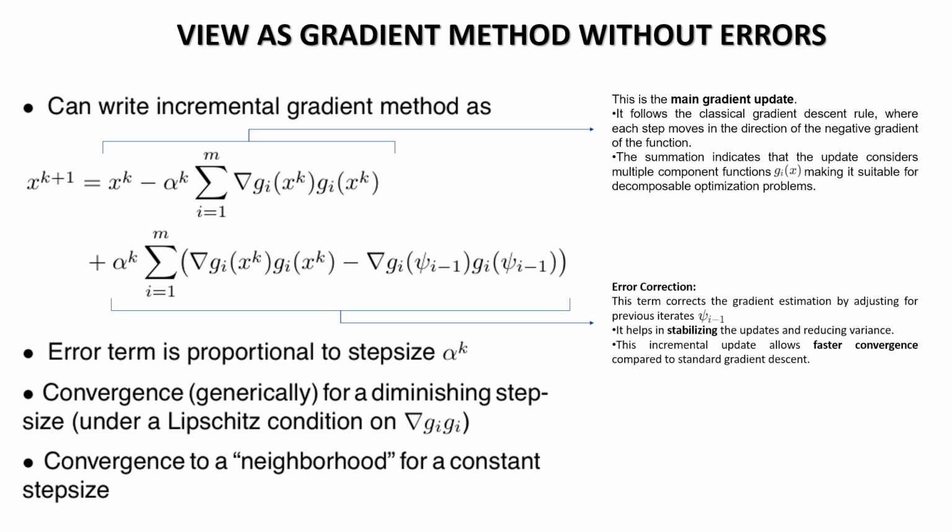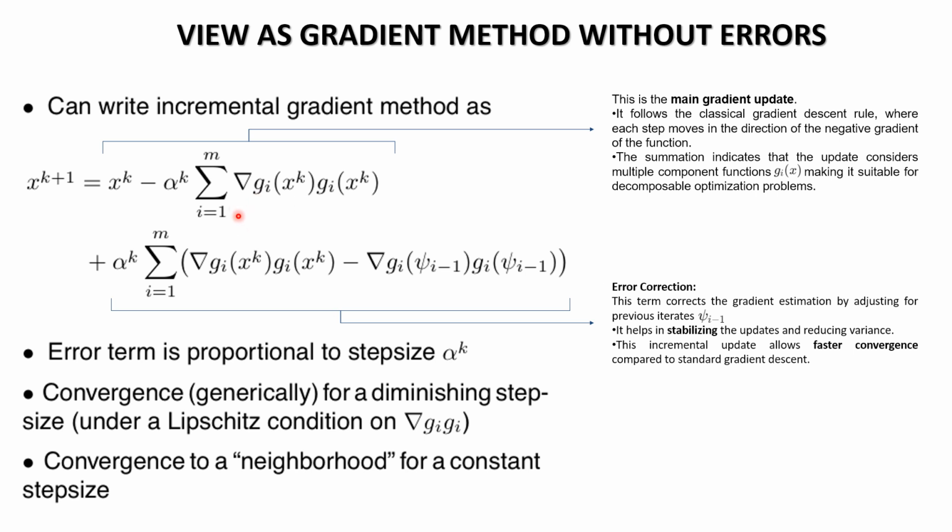On this slide, we will consider gradient methods without errors. And here we can write incremental gradient methods in the main typical iteration form. Here the first term is the main gradient update. It follows the classical gradient descent rule, where each step moves in the direction of the negative gradient of the function.